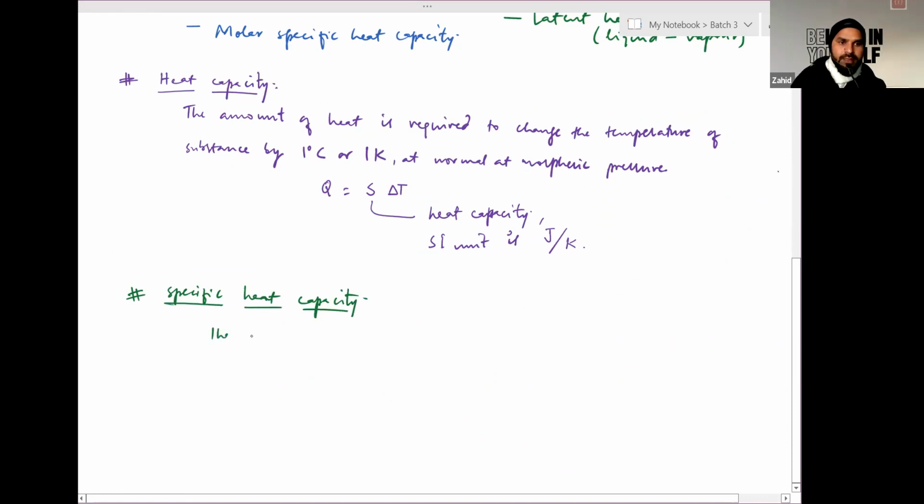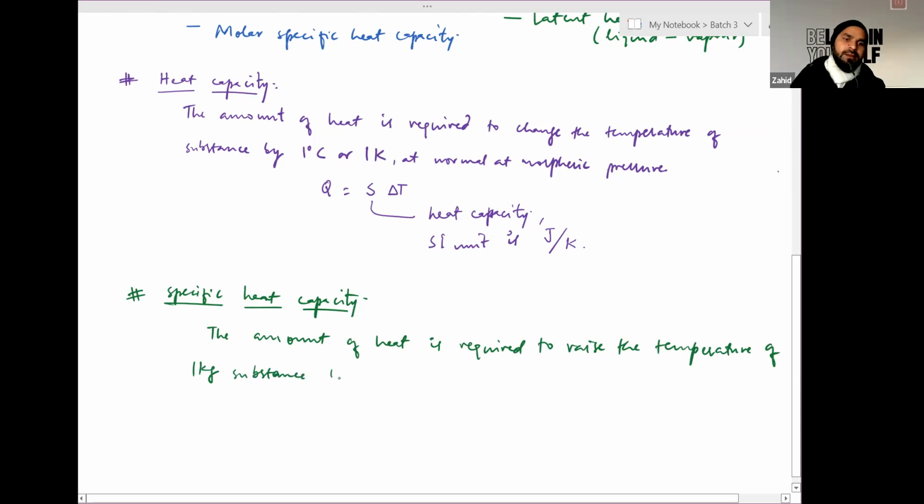It states the amount of heat required to raise the temperature of 1 kg of substance by 1 degree Celsius or 1 Kelvin at normal atmospheric pressure. This is called specific heat capacity.